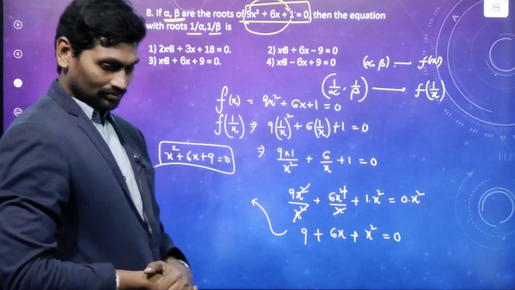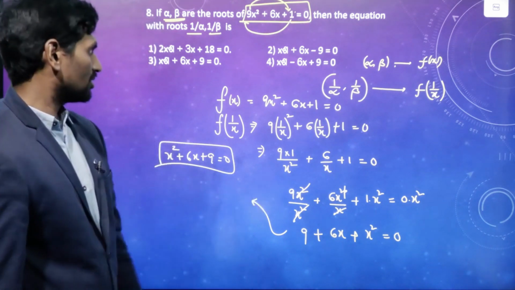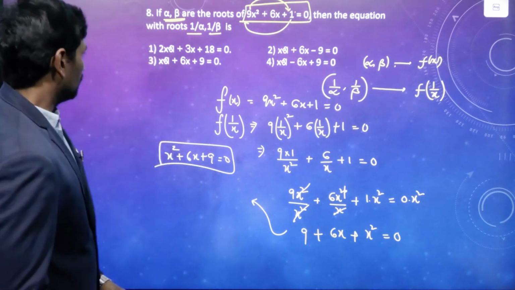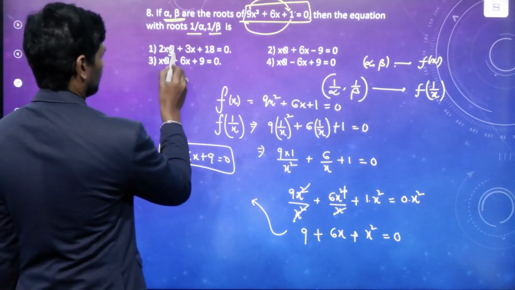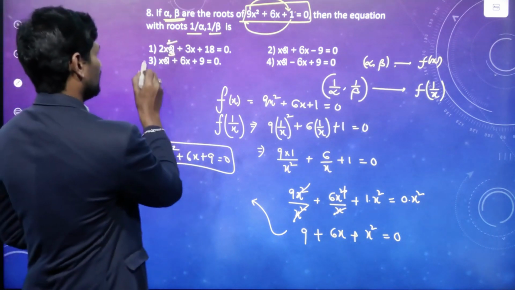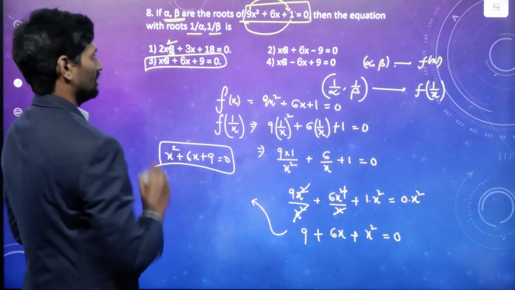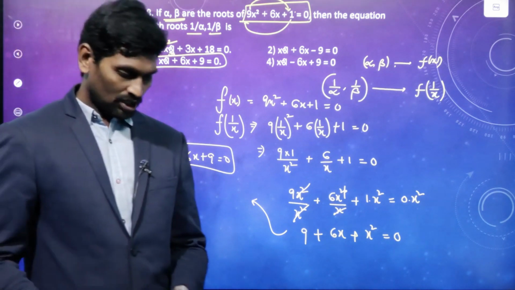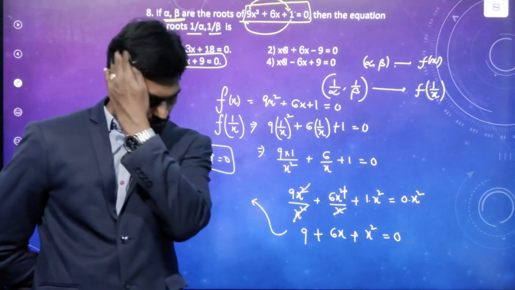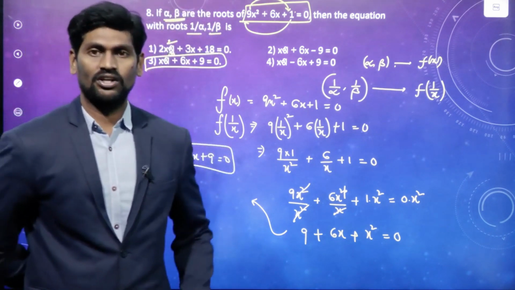Okay? This is the process to identify. So these are square numbers. Consider as a square. So x square plus 6x plus 9 means third option is our answer. Okay?